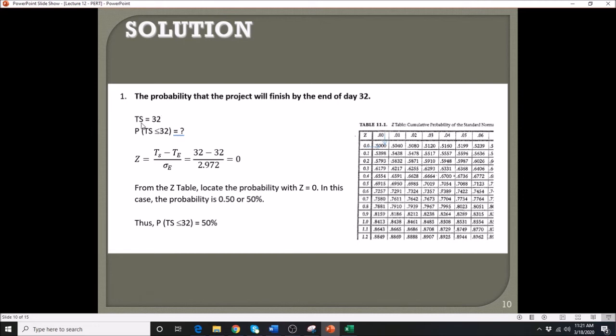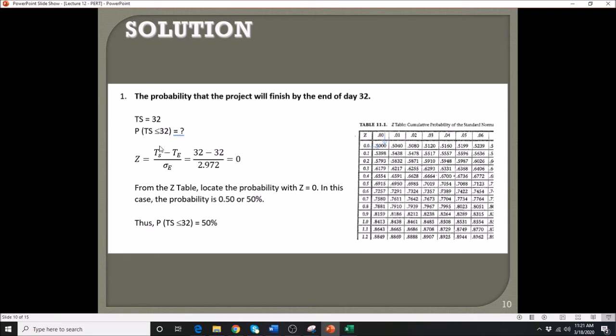So our Ts in our formula here is the duration that is in question. We have here the capital TE that corresponds to the expected duration of the entire project. So we are asked to calculate the probability that Ts, the day in question, is less than or equal to 32.